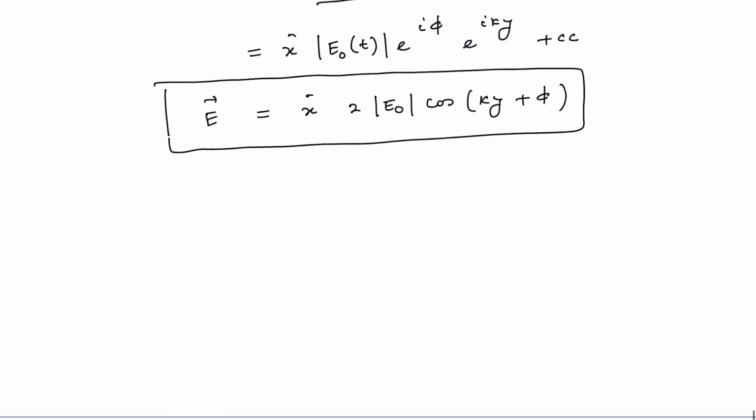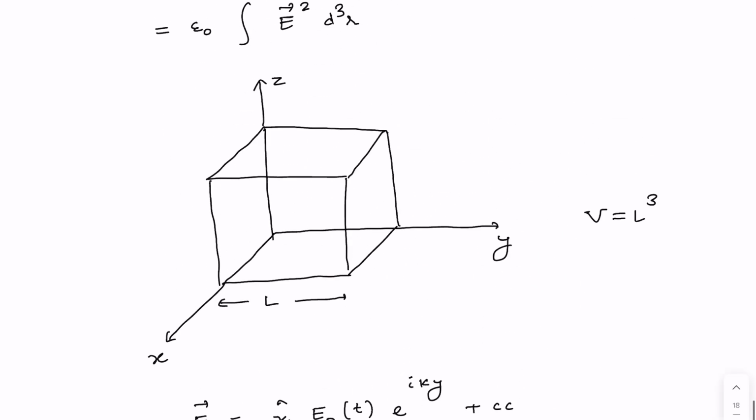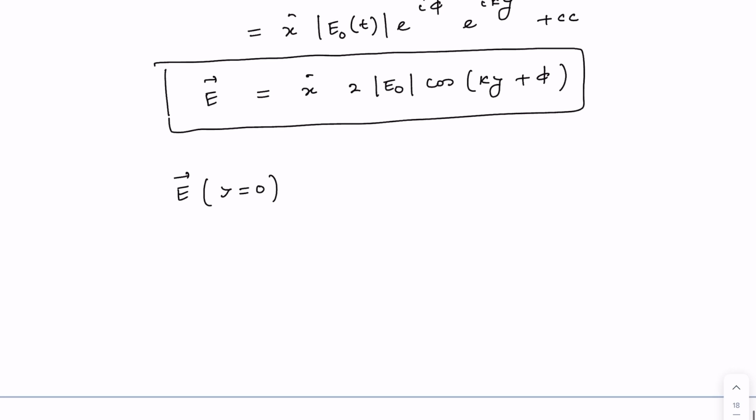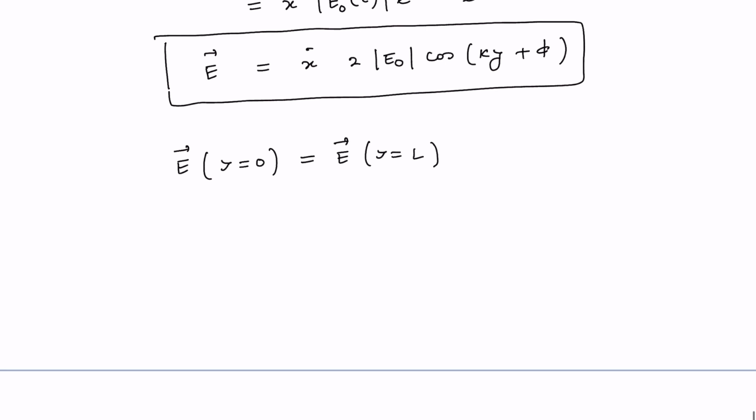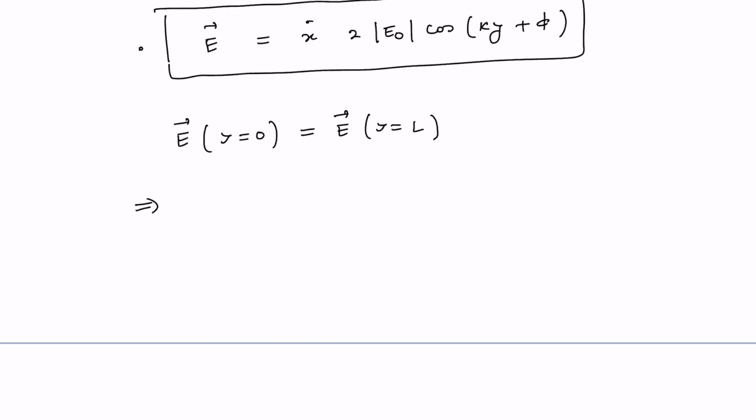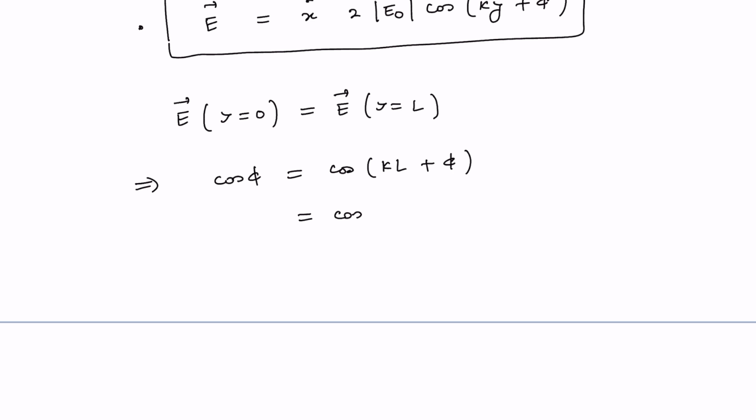Now, as it is a propagating wave, we must have this boundary condition: electric field at y equal to 0, and this is y equal to L. I should have that the electric field at y equal to 0 is equal to the electric field at y equal to L. If I put the electric field expression here, I will have cos phi equal to cos of (kL plus phi), and if I expand it, on the right hand side I have cos kL cos phi minus sin kL sin phi.